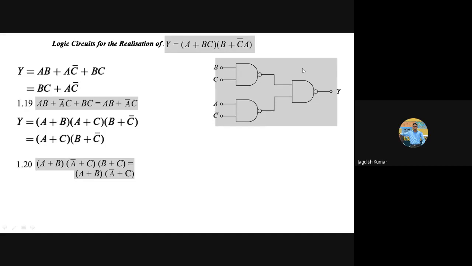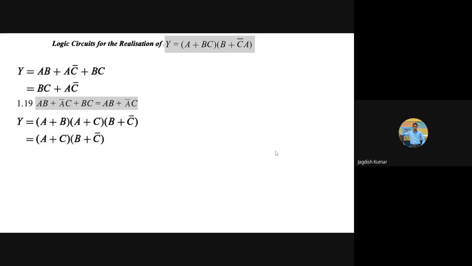But here again, we have indirectly employed De Morgan's theorem. Because this is a NOT gate, this is a NOT gate, and this is an AND gate. So A not and B not is actually equal to A or B whole not. I hope you remember this.